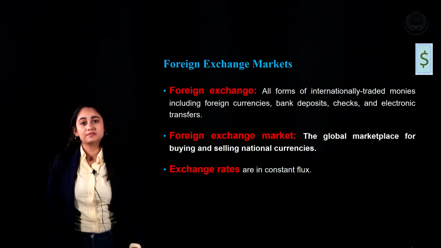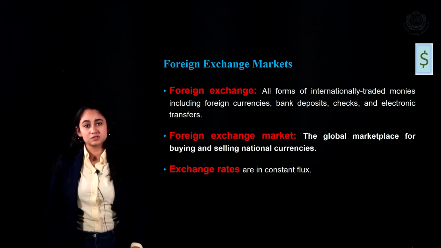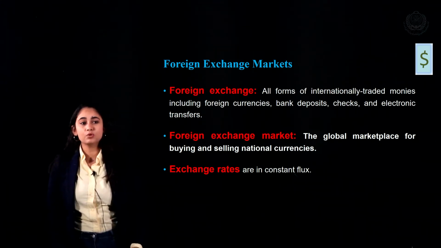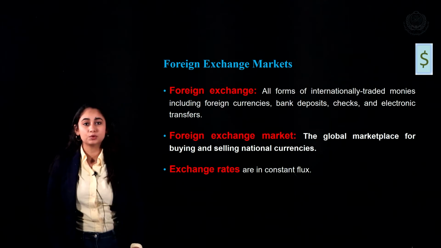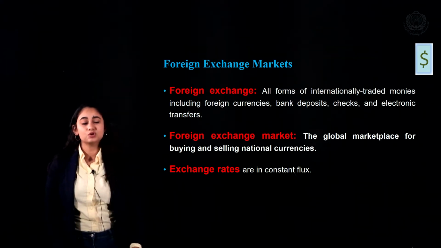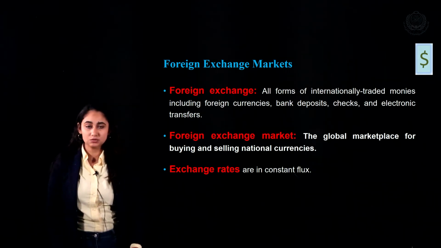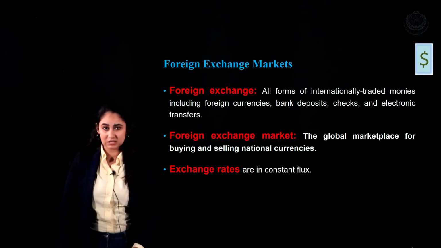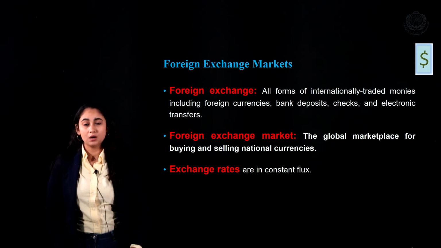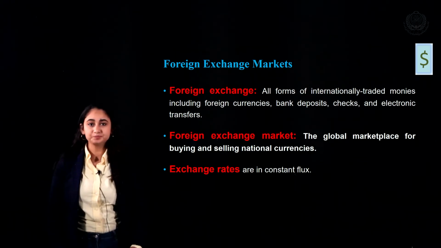What are the components that I have to take into consideration in terms of currencies in the financial aspects? It is the foreign exchange market. As we were just discussing, currencies are always prone to fluctuations, so I have to understand the foreign exchange market, which is all the forms of internationally traded currencies, including foreign currencies, bank deposits, checks, and electronic transfers that occur between one nation and another.